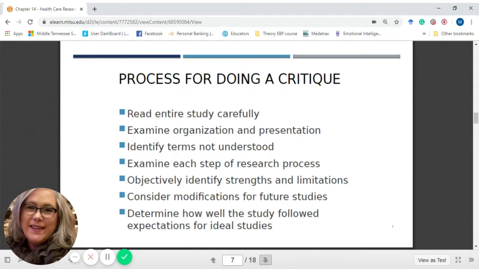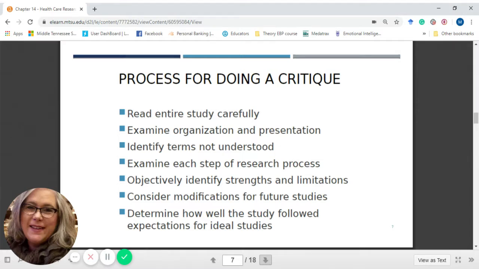For the process of doing the critique, you really want to read through the article carefully multiple times, grab your highlighter and start highlighting the main portions. Use your form as a guide as you read to highlight information that you'll need to put into your critique. We look at the organization of the articles. Each publication has specific guidelines for the articles, so they all look the same if you're in that same publication.